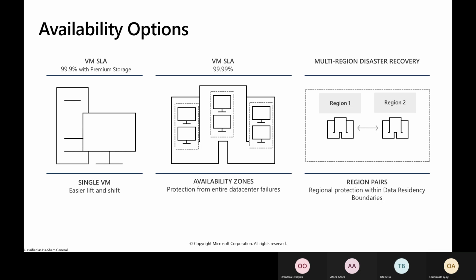So look at the on-premise scenario. You have just a single server that is hosting an application. If that single server goes down, your service is down. Whatever service you are rendering from that particular server is down, and you won't be able to do anything until you bring it back up.